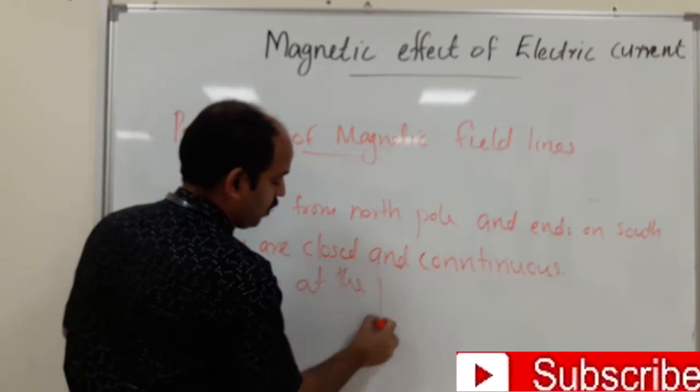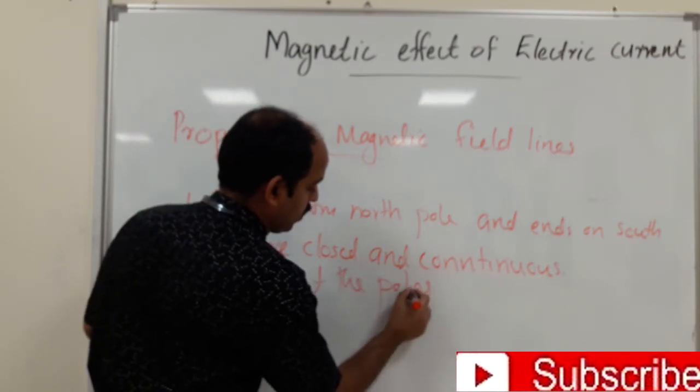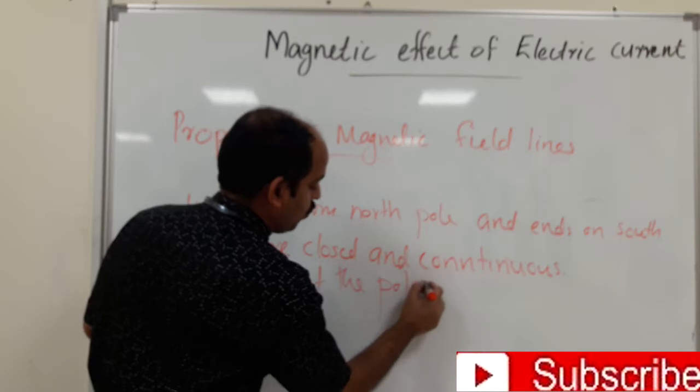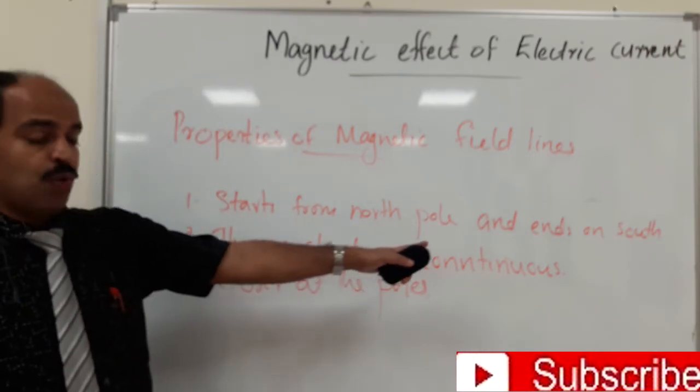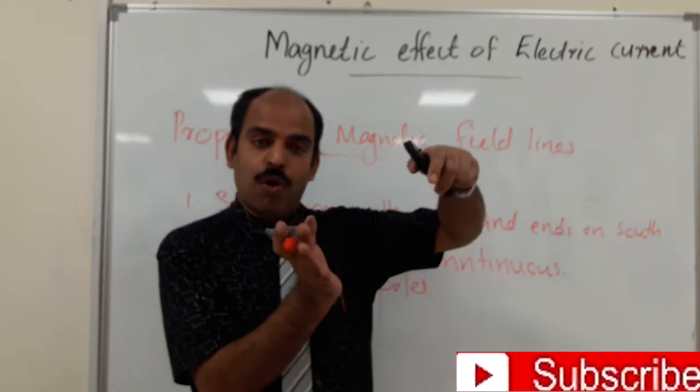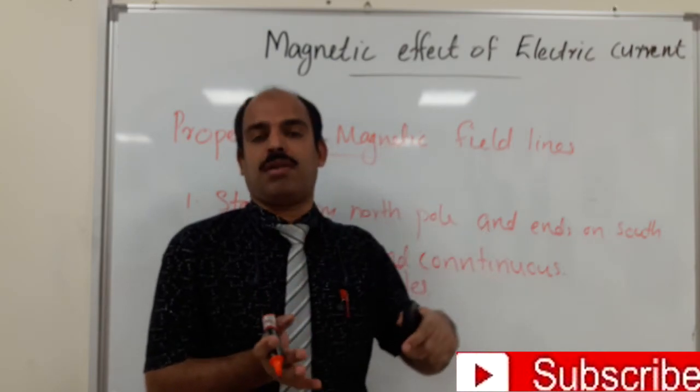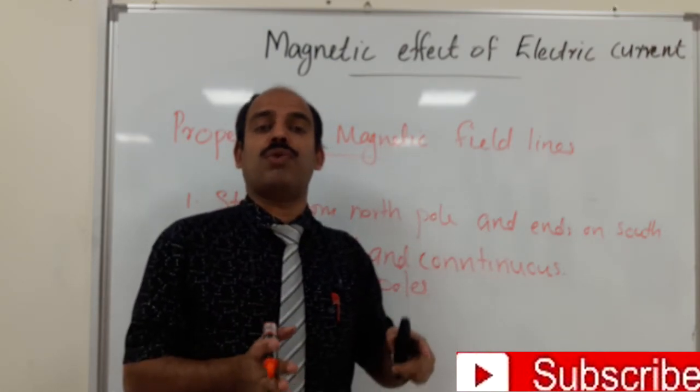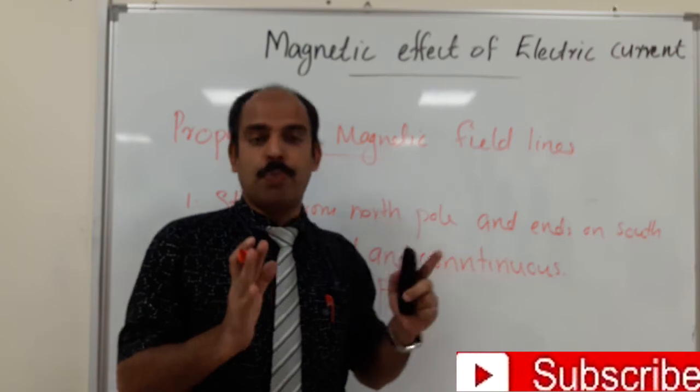You might have noticed that when we were drawing the magnetic field lines, at the poles the magnetic field lines are closer, right?